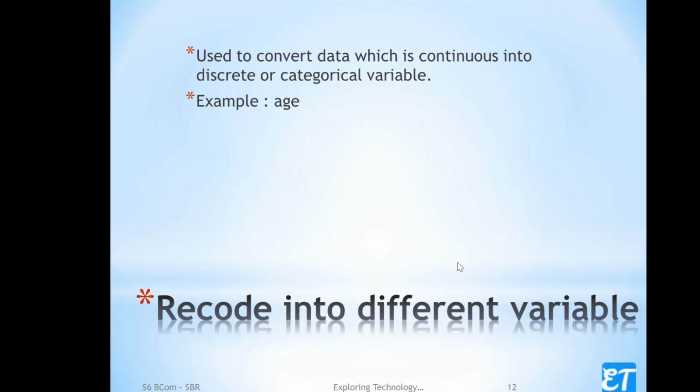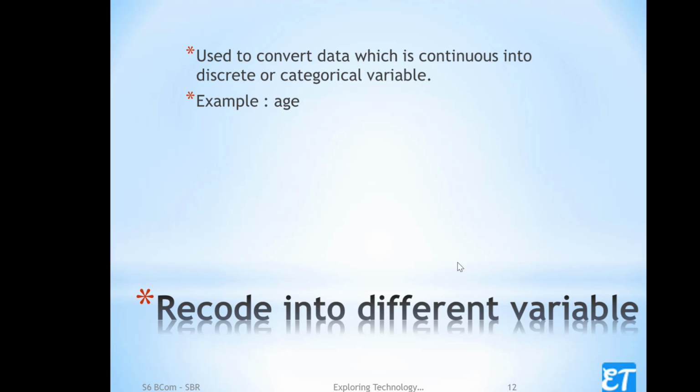Next one is recode into different variables. This is used to convert data which is continuous into some discrete or categorical value. For example, age. We have given ages 18, 19, 20, 25, even 94. What we are going to do is simplify it, recoding it into a different variable.